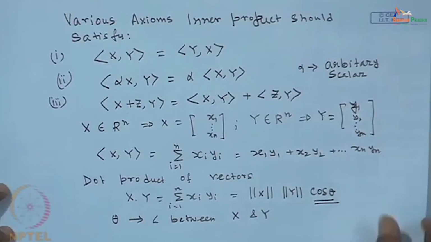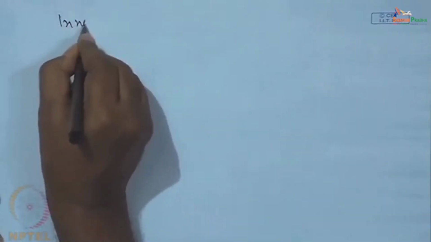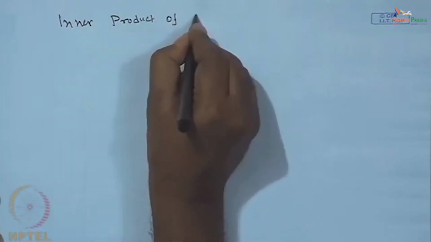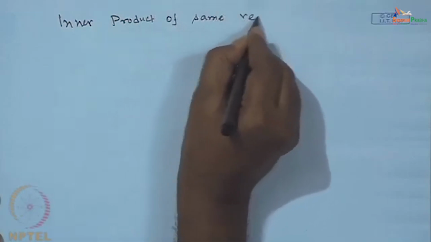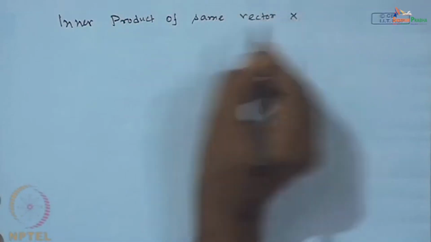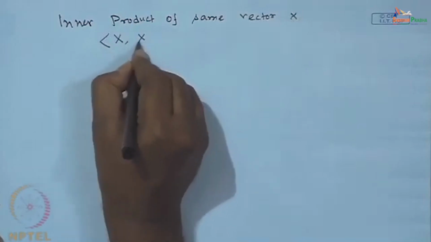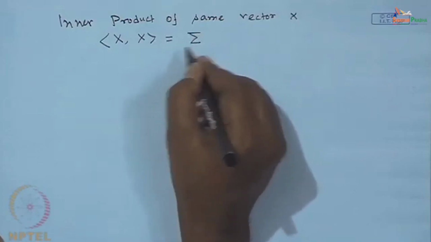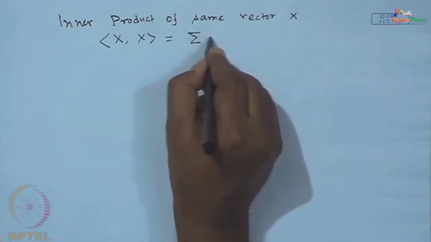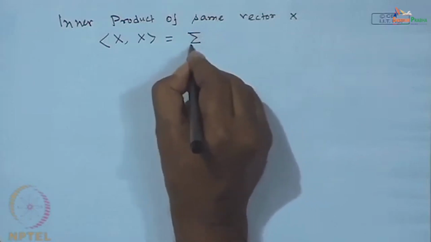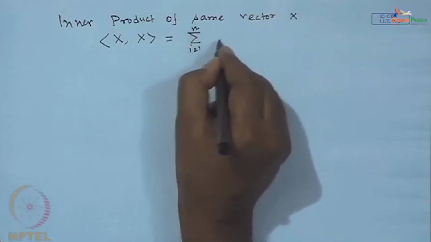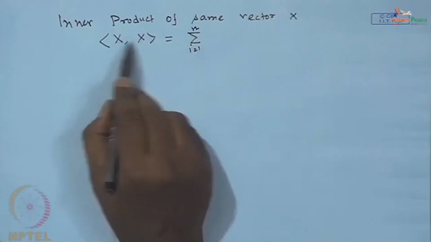Now, if you look into the inner product of the same vector, let us say x. The inner product between the same vector, if you substitute the definition of the inner product, will be summation over all the elements i equal to 1 to n of x_i y_i, if you are talking about two vectors x and y.